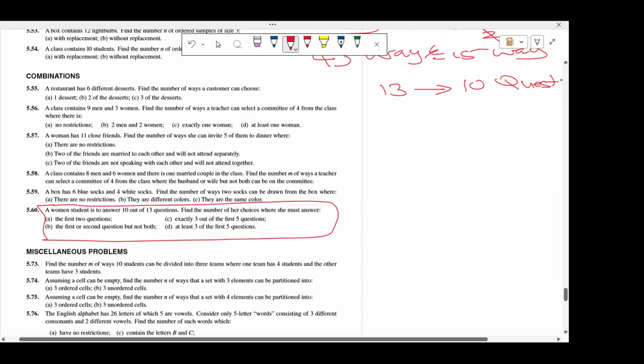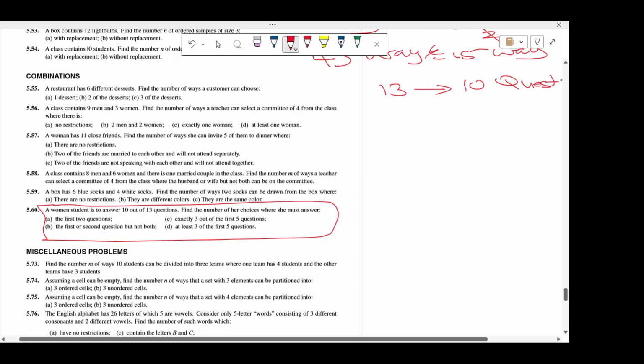Okay, tell me the answer first. Try yourself. Just think about inside a box. There are 13 cards, right? Each card contains one question. Did you understand my question?